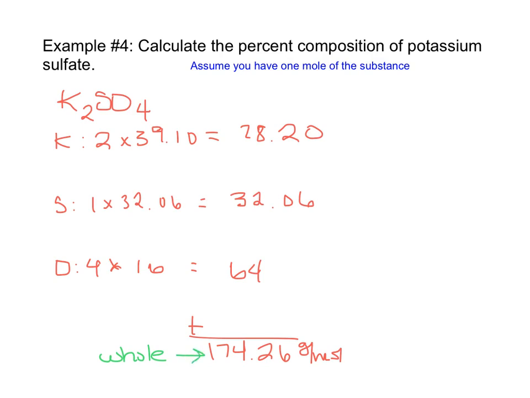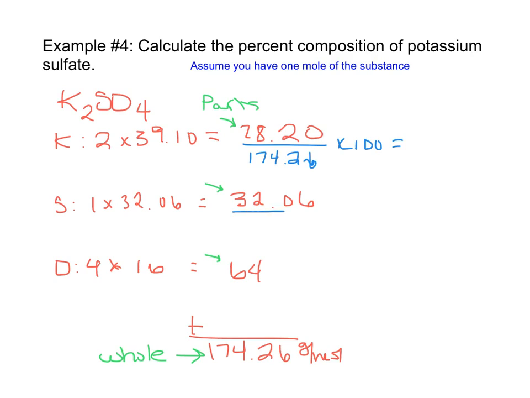And guess what? Each of these up here are our parts. So we've already got it halfway set up. So I take my part divided by my whole, 174.26, times 100, equals my percent, that's potassium.